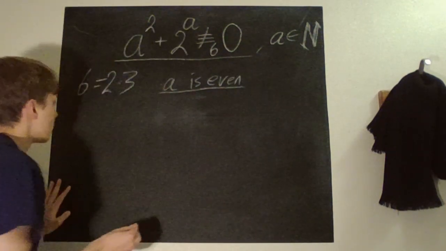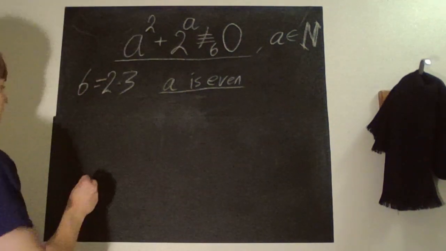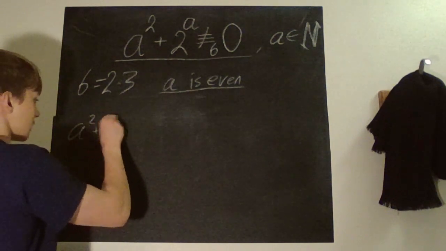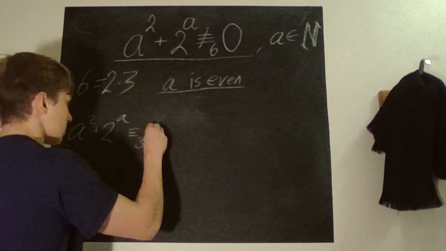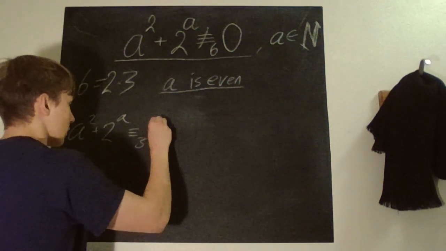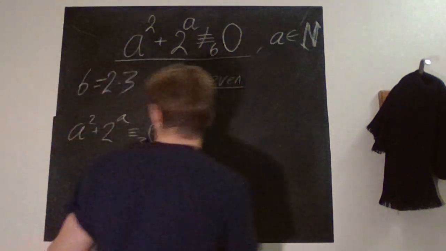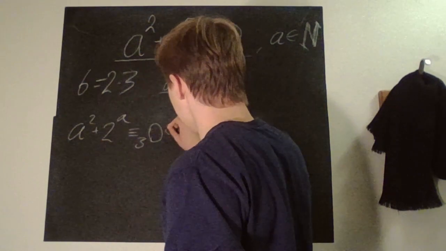And then we can look at this thing modulo 3. So what do we have then? We know that a squared plus 2 to the power of a modulo 3 is supposed to be equal to 0. So we can rewrite this left-hand side.